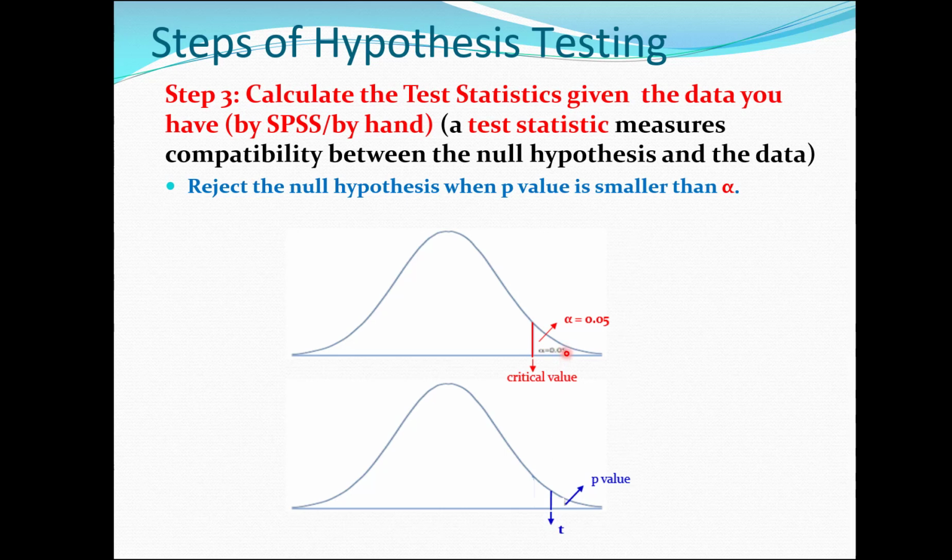And then we are going to reject the null hypothesis. So this is why we sometimes call this alpha area the rejection region. Meaning, if your p-value is smaller than alpha, or your p-value is within this area, you're going to reject your null hypothesis. This is why we call the alpha region or alpha area the rejection region.